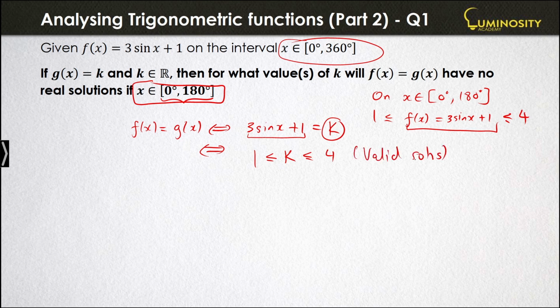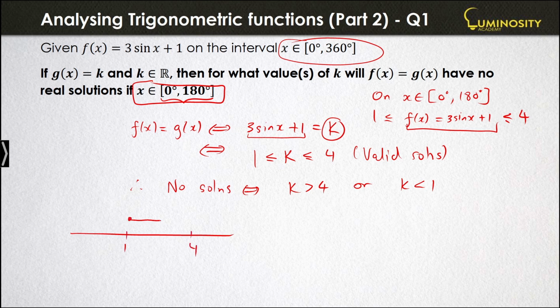So therefore, no real solutions if and only if k is outside there. So k is greater than 4, or k is less than 1. You can see that using a number line, because we have 1 and 4. The solutions are valid inside this interval, but not valid outside that interval. So less than 1 or greater than 4, where k is a real number.